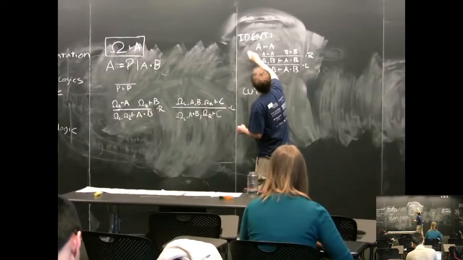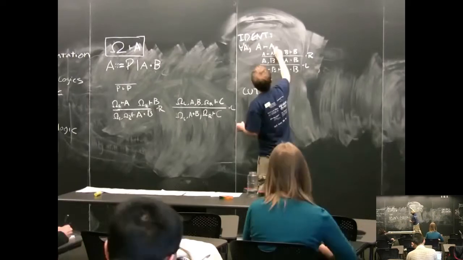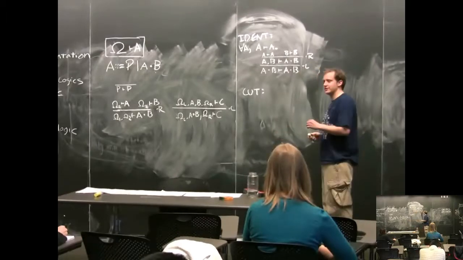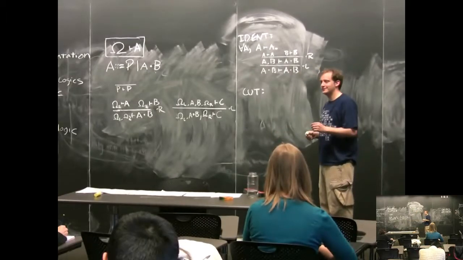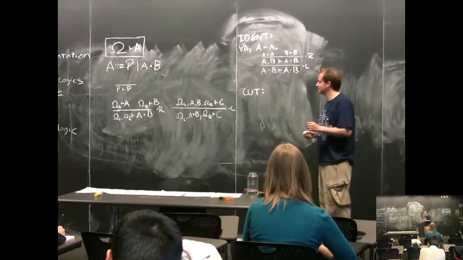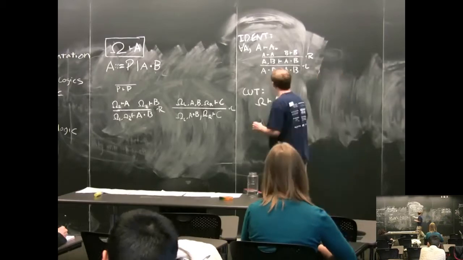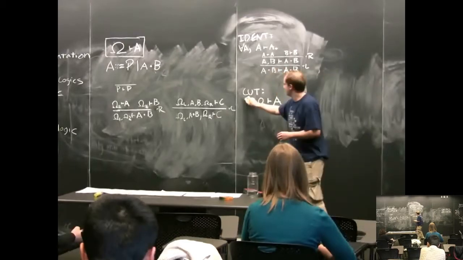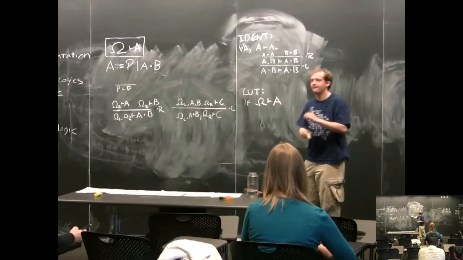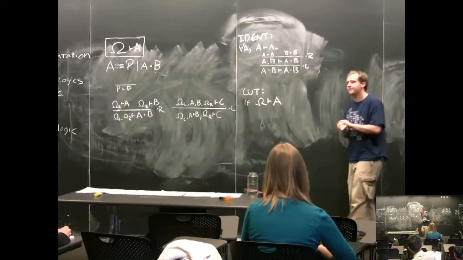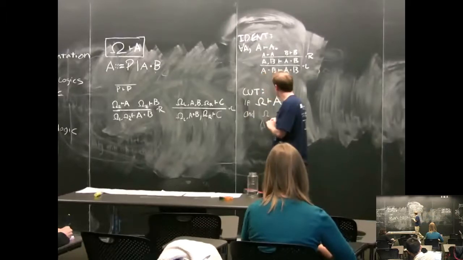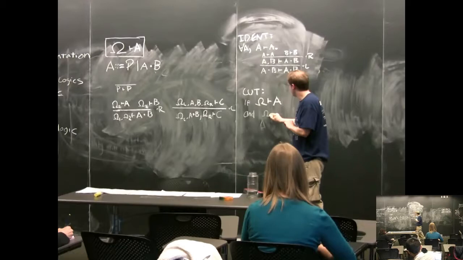So what's the statement of cut going to be in the system? Let's actually think about that for a minute. Well, it's going to start with this. But some other omega double prime.